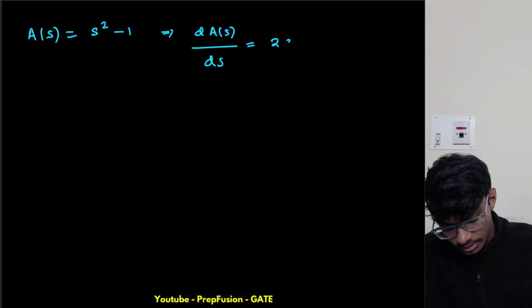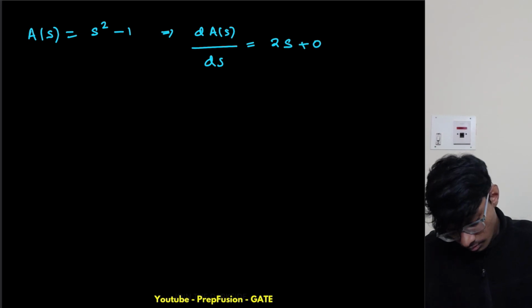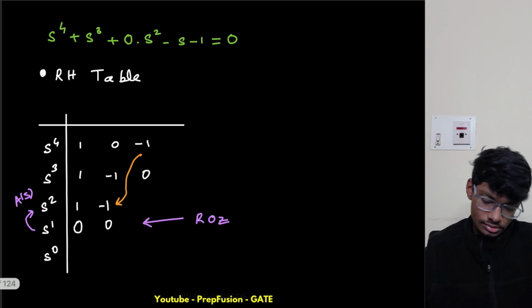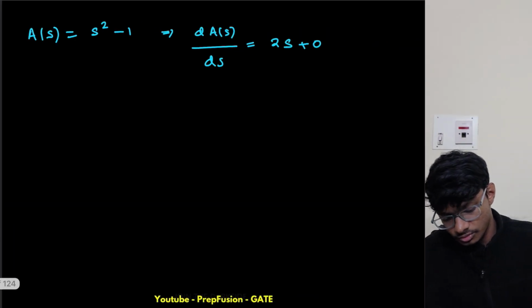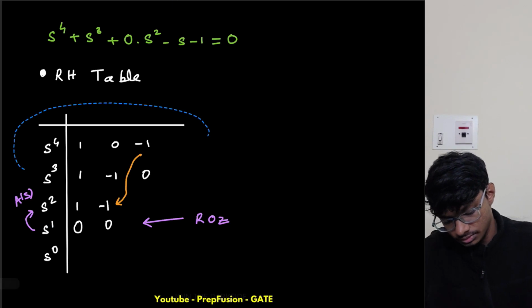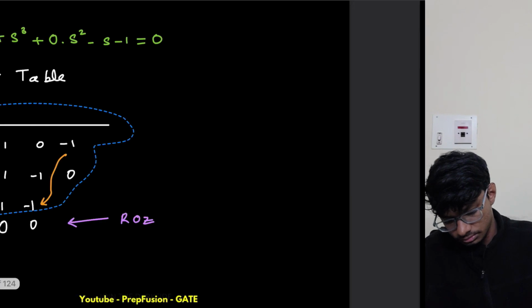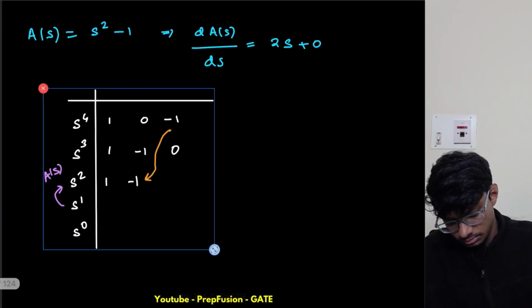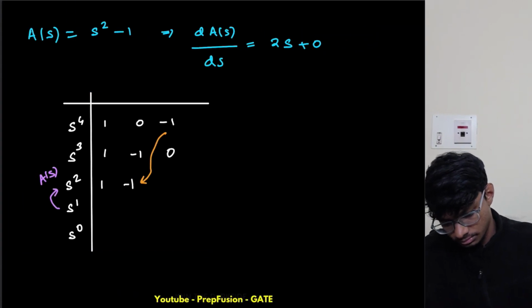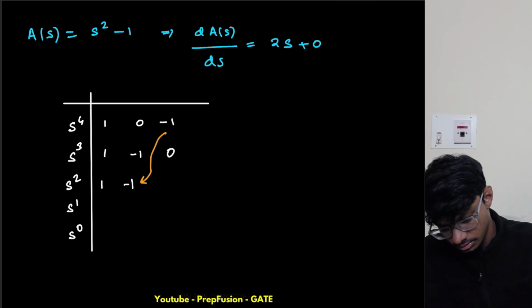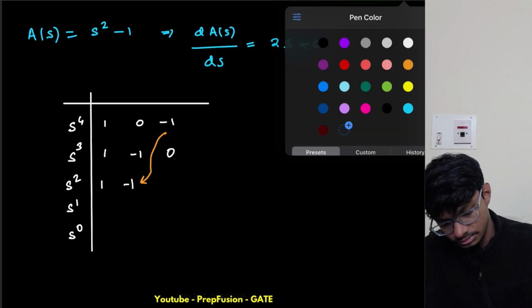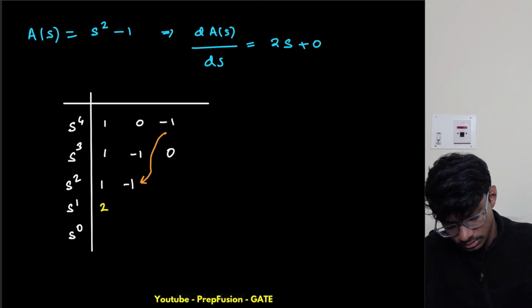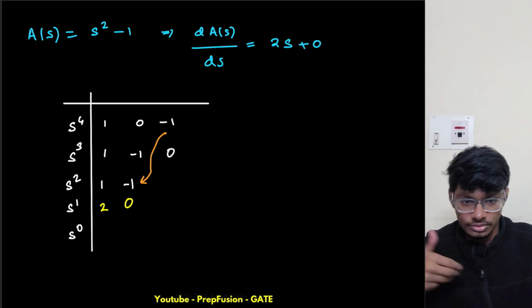2s plus 0. So what do I get is, this one will be 2s only, so I will copy this one. Then we'll write here this is 2 and this is 2, and this is only 0 because 0 will come over here.